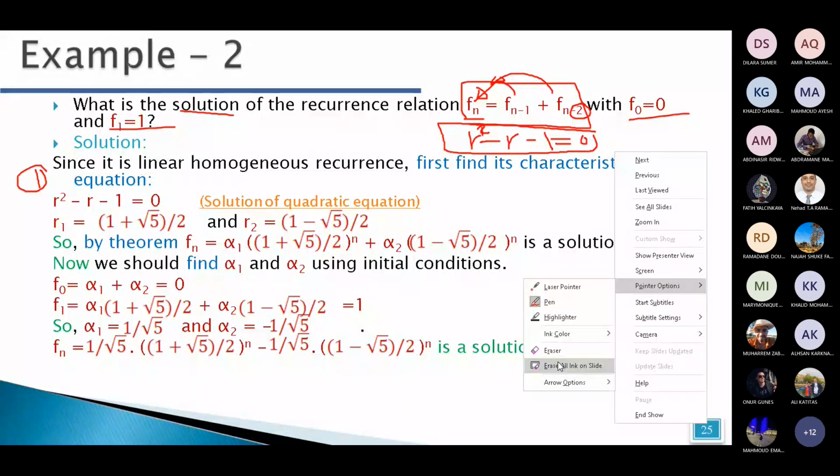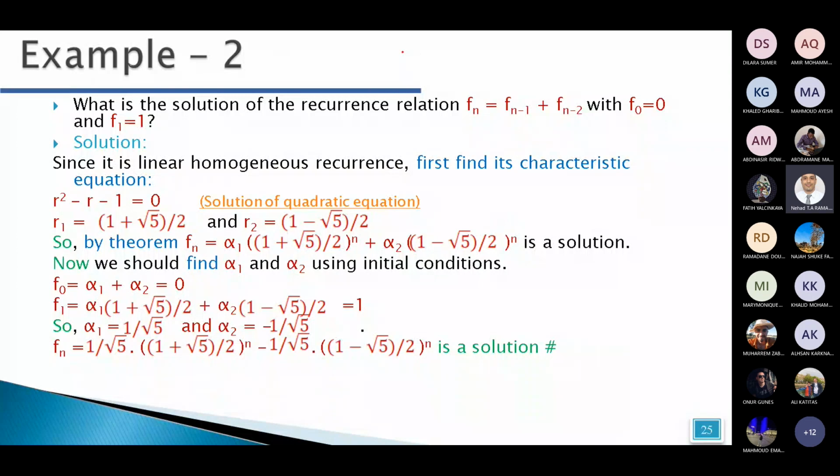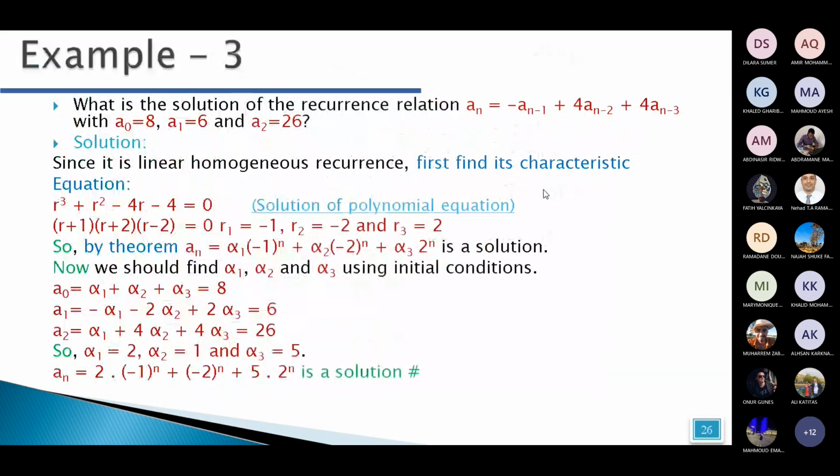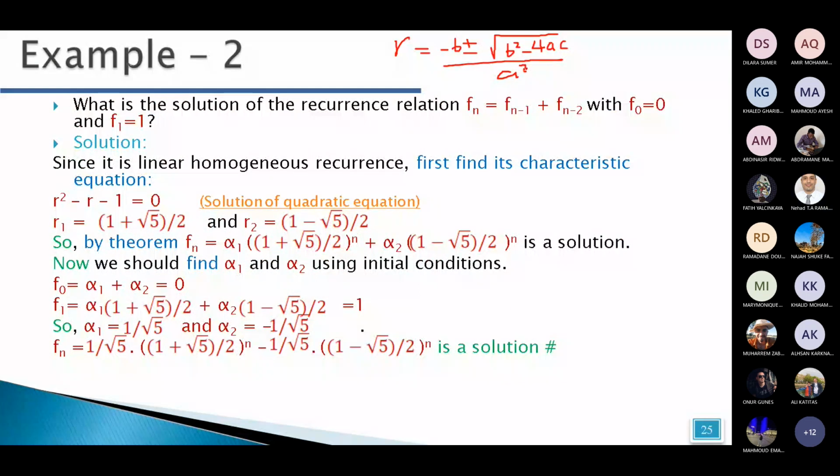I said the general solution is like this: R equals minus B plus or minus root of B power 2 minus 4AC, divided by 2A, not A power 2, divided by 2A.